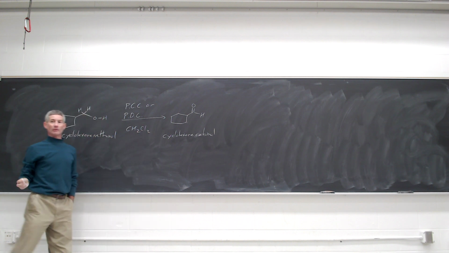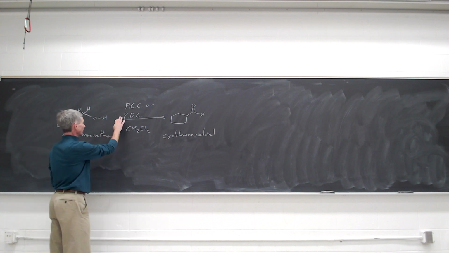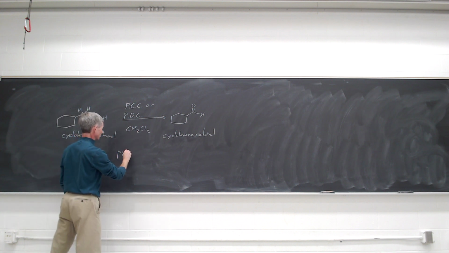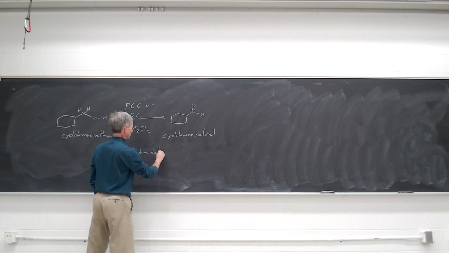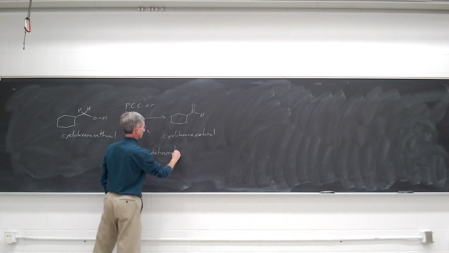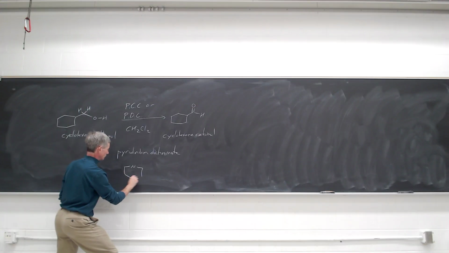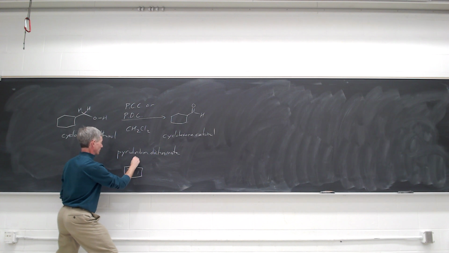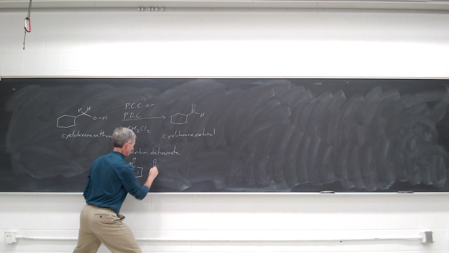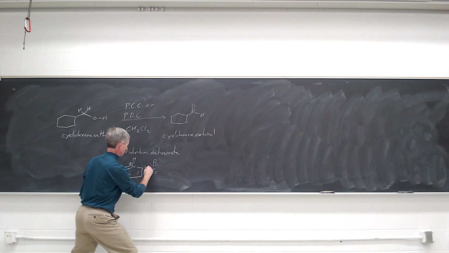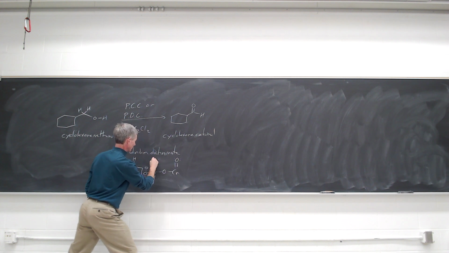And a common solvent for these non-aqueous systems is dichloromethane. PDC is pyridinium dichromate. So it's very closely related to the potassium dichromate, except that now we render it soluble in organics by changing the counter ion from potassium to pyridinium ion.